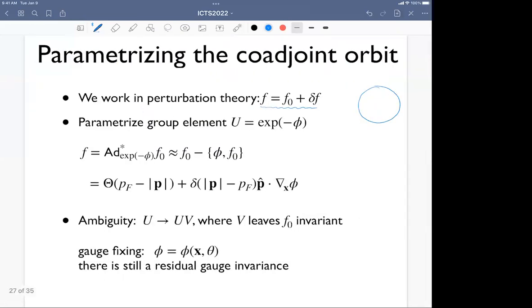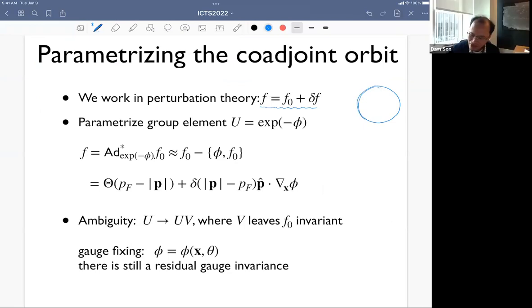And so we can work in perturbation theory. We try to describe a state with a Fermi surface not very different from the reference state, the ground state. We can parameterize it as an action of an element of the Lie algebra, which is now an exponent. This phi here is a function of x and p.